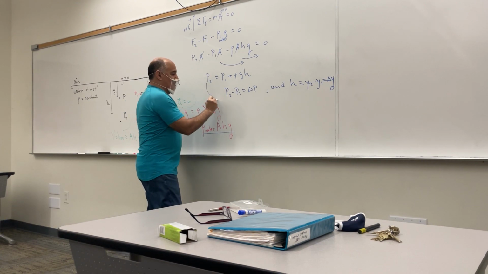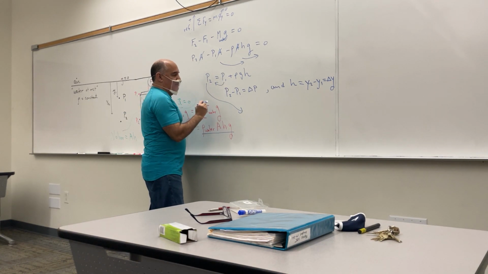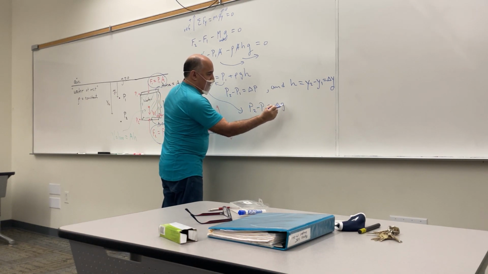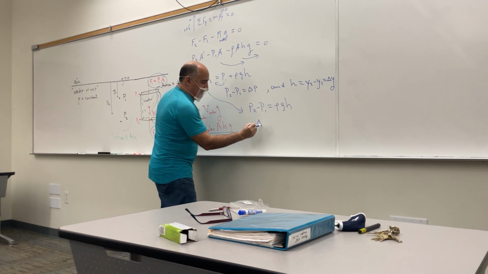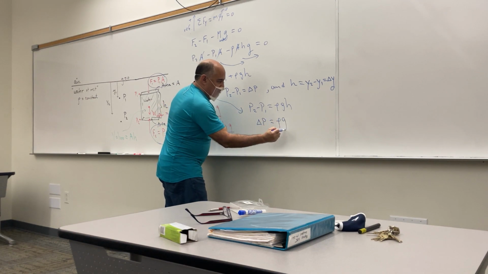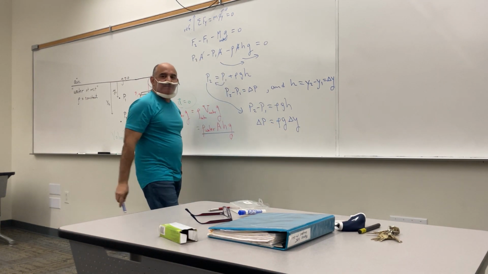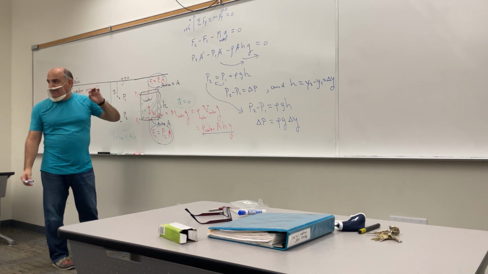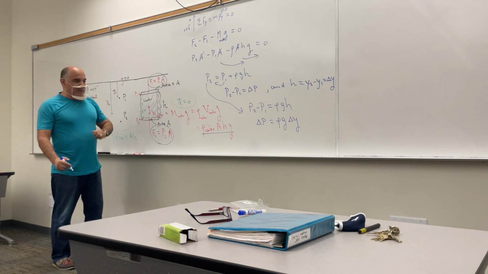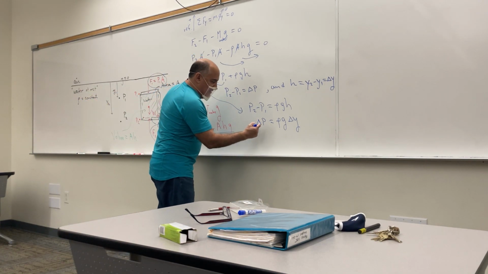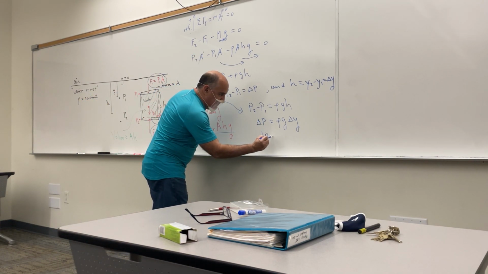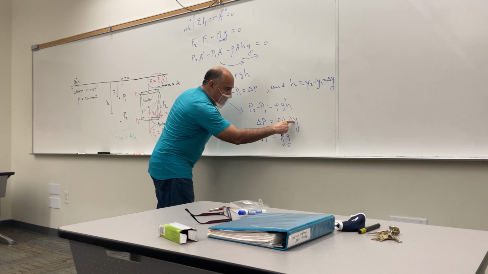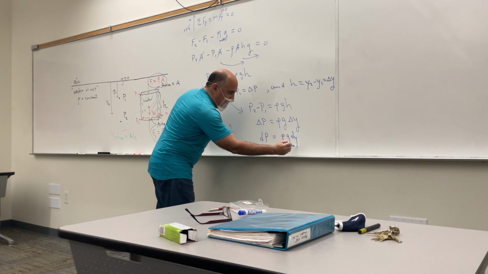So if I bring the P1 over to the other side, I can write P2 minus P1 equals rho g h, and I'm going to replace this by delta P equals rho g delta y. And if I make the height of this water infinitesimal, then this change in P becomes dP, and I have the density of the water times g, and the change in height becomes dy.